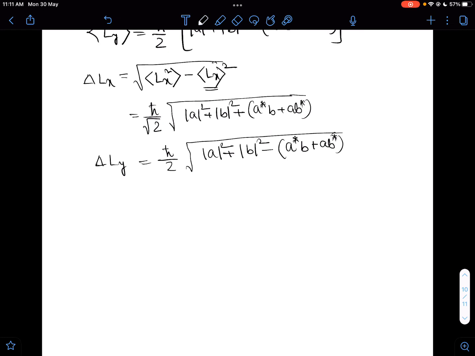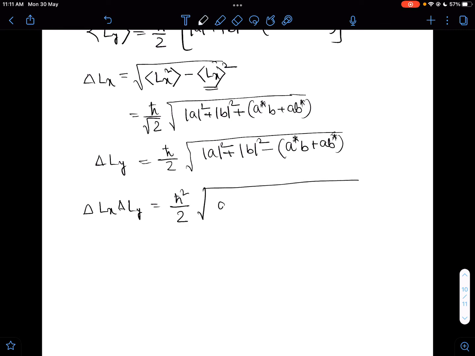So we have to find the relation between a and b for which this product will be minimum. So we have ħ²/2, and the product of these two means we have a² plus b² squared, minus (a*b plus ab*) squared.